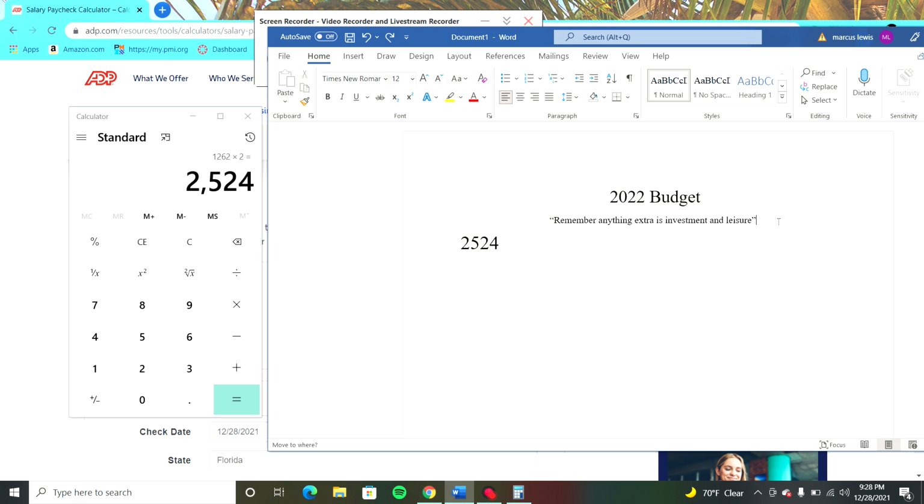I definitely recommend for anybody just starting out with investing to always have a $1,000 emergency fund. If you're able to, you can go ahead and bump that up to 2,000. And once you get to 2,000, you can eventually get it to three months' worth of your pay, which is right here, this 2,000.